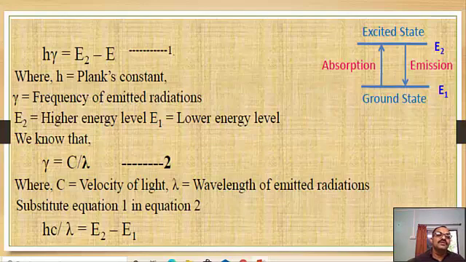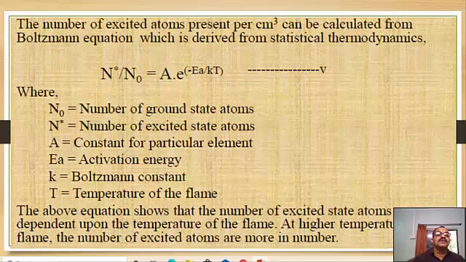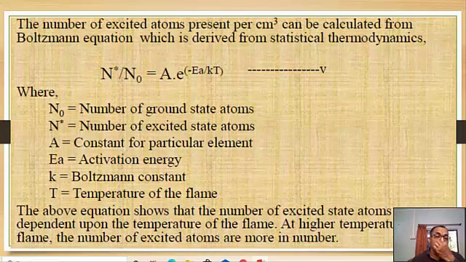We know that ν is equal to c by λ, where c is the velocity of light and λ is the wavelength of the emitted radiation. Therefore the equation can be written as hc/λ = ΔE, or hc/λ = E2 - E1.